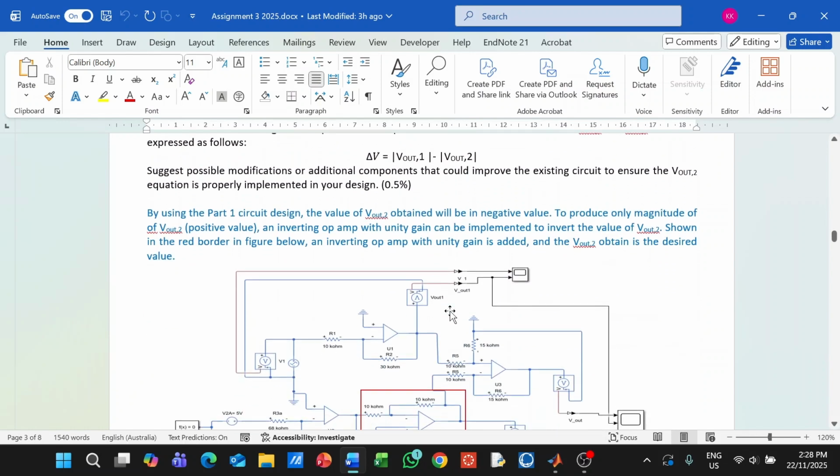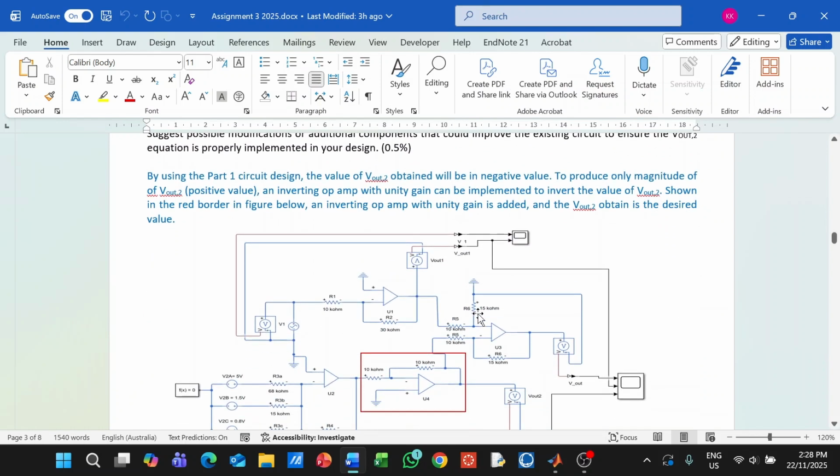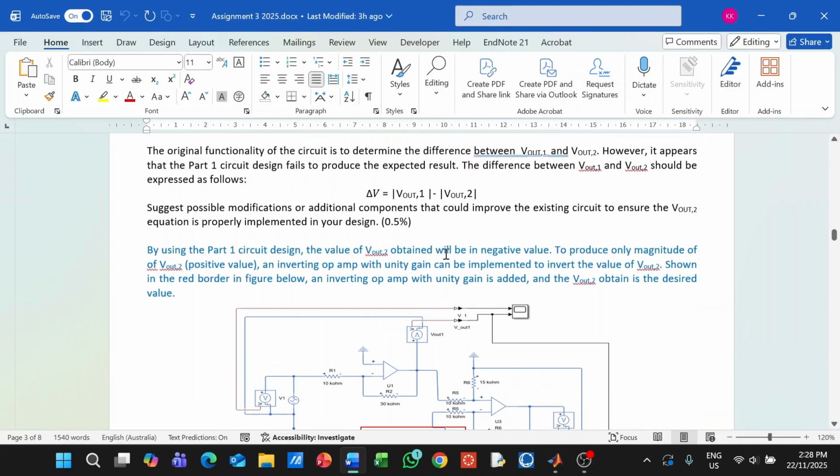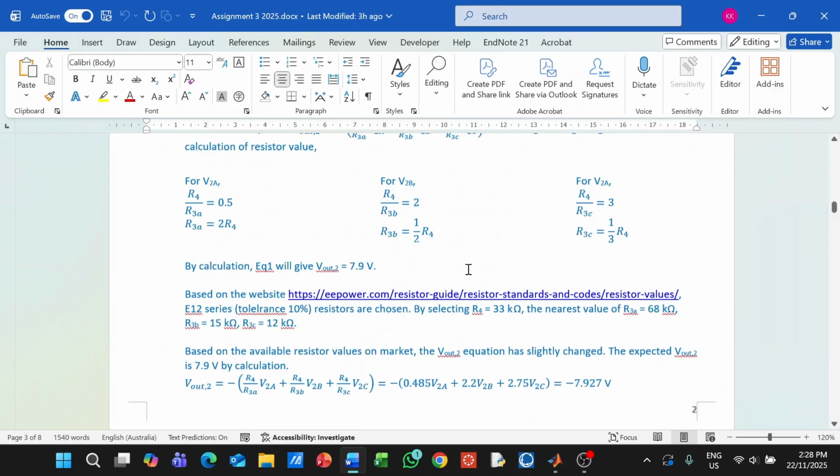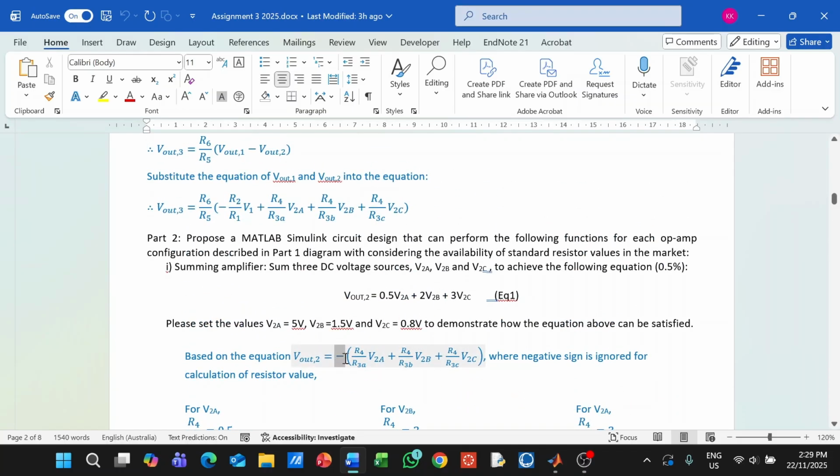The original functionality is to determine the difference between Vout1 and Vout2, but the part 1 design fails to produce it because the Vout2 obtained has a negative sign.